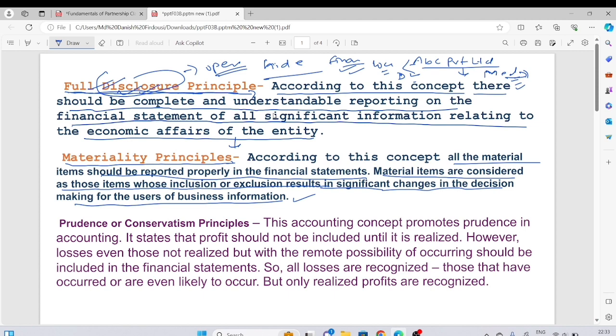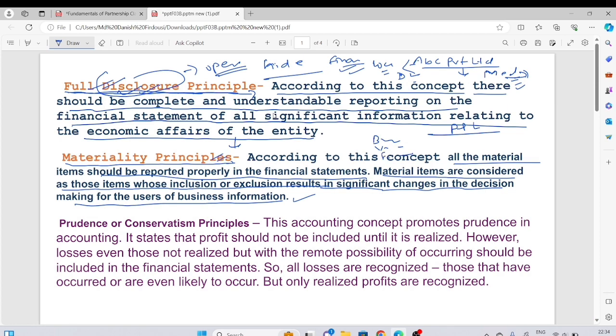It means all those items which are material we have to mention in the financial statement. Suppose when you prepare the profit and loss account, you have different types of rent. Suppose you have building rent, vehicle rent, equipment rent, like this.